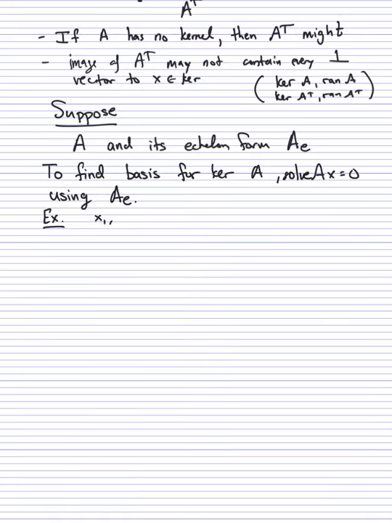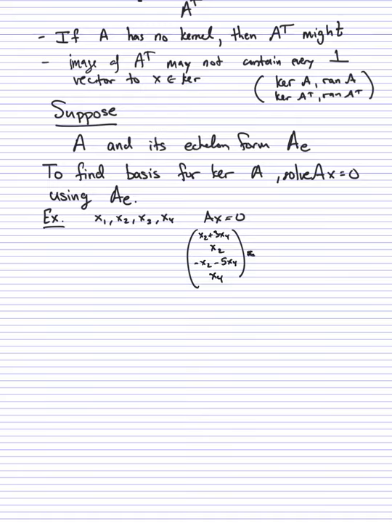So let me say we have x2, x3, and x4, and we figured out that the solution to Ax equals 0 is (x2 plus 3x4, x2, minus 5x4, x4). Something like this, and you can work out easily the reduced echelon form that will produce this solution.